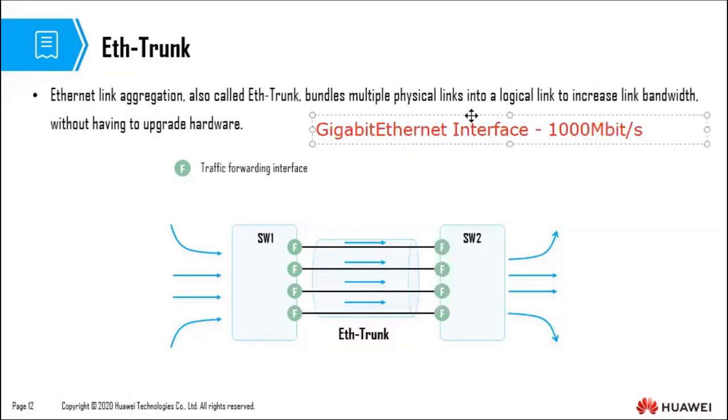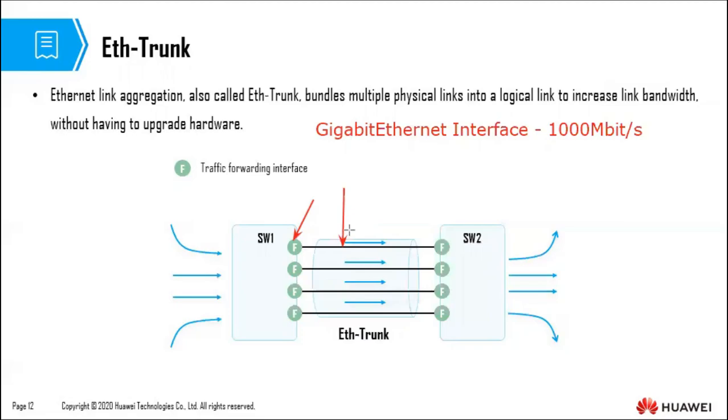Are we together? Anytime we mention that, we are not referring to the speed at which the link can carry data, but to the speed at which the interface on the switch is able to process data. Are you getting the difference?